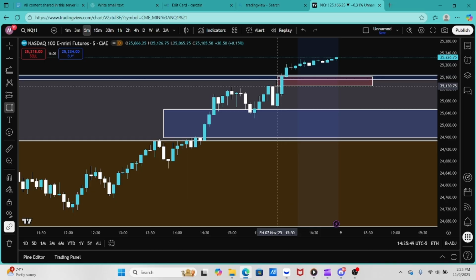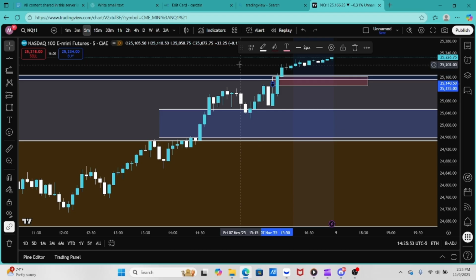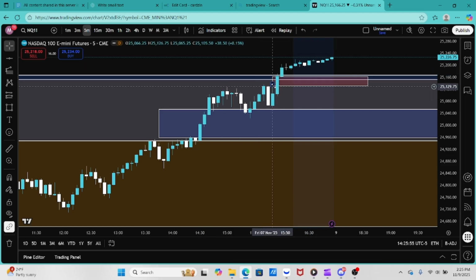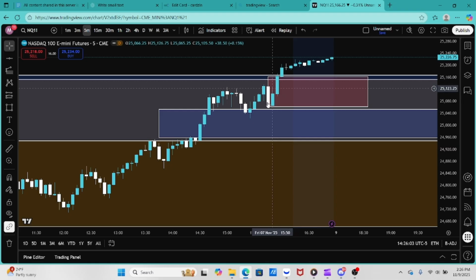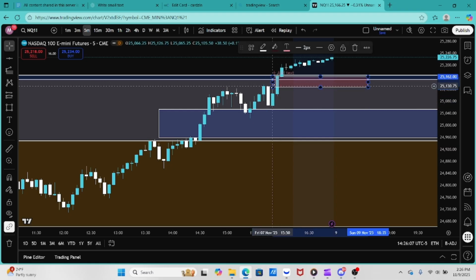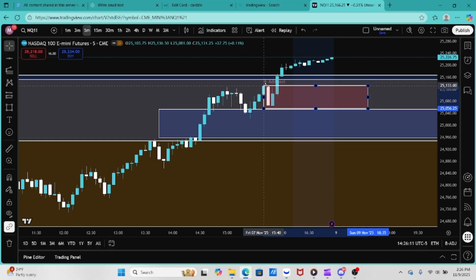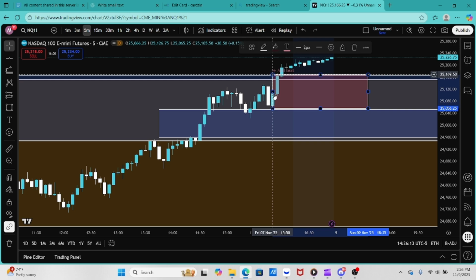So price could come down into this gap right here, or even this order block. You see that? I'll mark them both out because they're kind of right together.